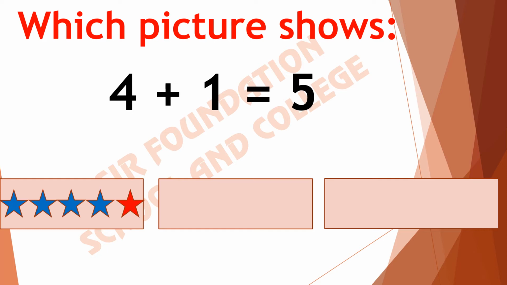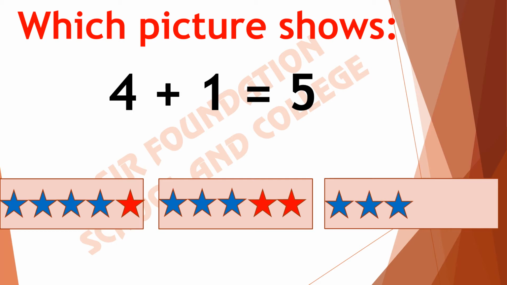In the second picture we see that 1, 2, 3. There are 3 blue stars and 2 red stars. There are 5 stars in total.